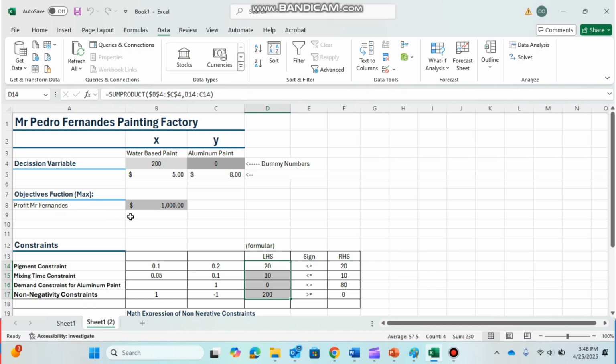The profit for Mr. Fernandez is $1,000. If he produces 200 water-based paint and does not produce any aluminum paint, it will maximize his profit to 1,000. Perfect. This is great.